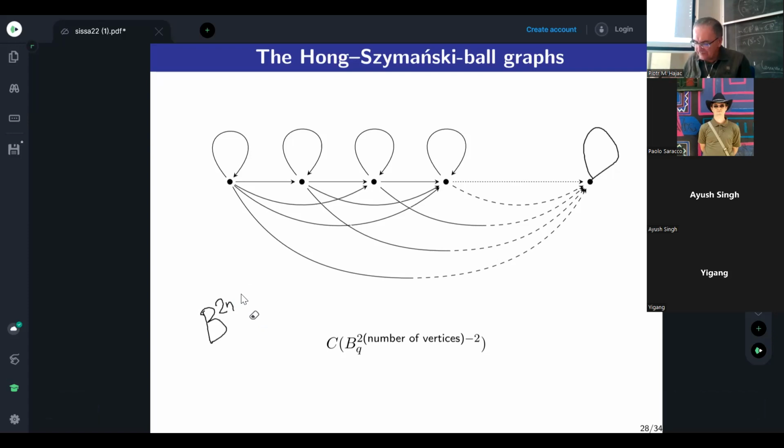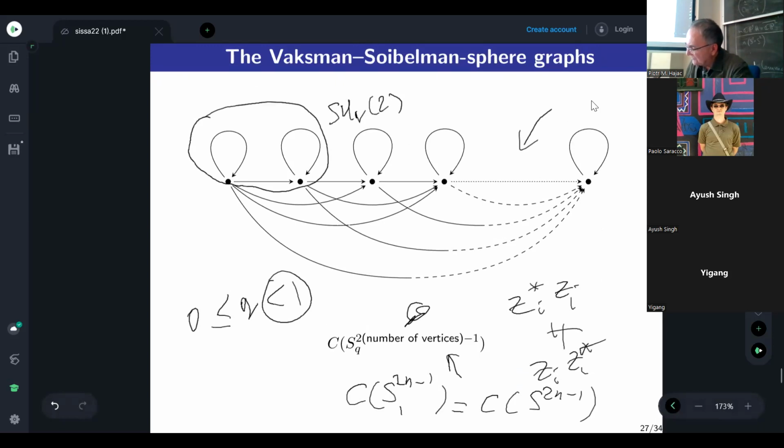You agree that the boundary of a 2n-dimensional ball is a 2n minus 1 dimensional sphere, right? So imagine that here you have n plus 1 vertices, and here I have n vertices.